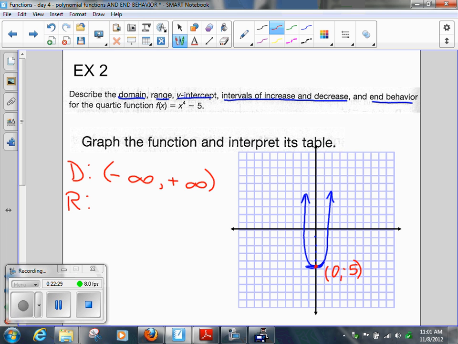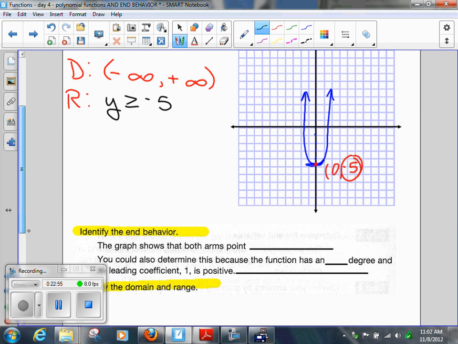So my range has to do with y values. My range is what? Will y be greater than or equal to -5? Yes or no?